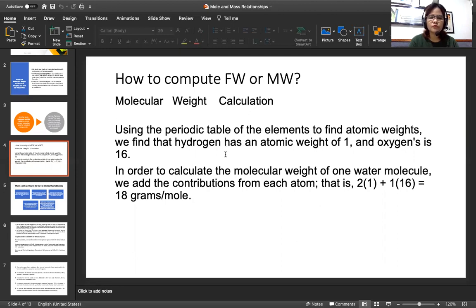So to compute the molecular weight, we have to consider the subscript that you see in the compound water, or H2O. So 2 is multiplied by 1, and for oxygen, 1 is multiplied by 16. So the molecular weight of water is 18 grams per mole. Take note of this because these are the units used for the conversion of mole and mass relationship.